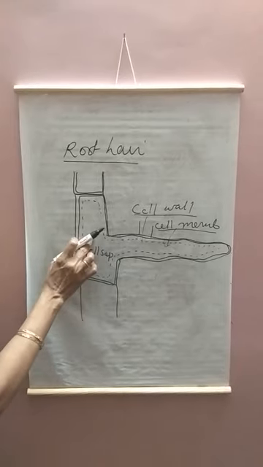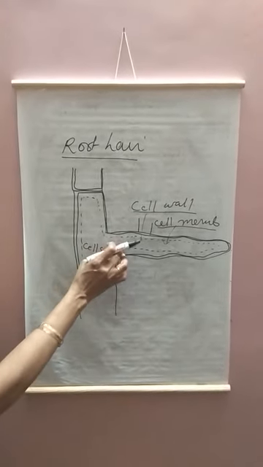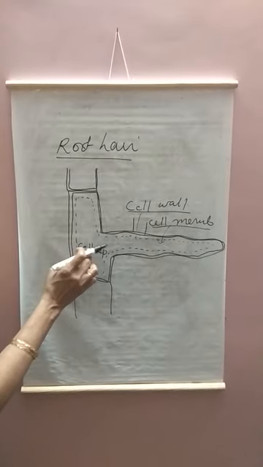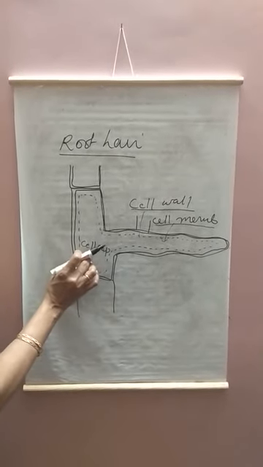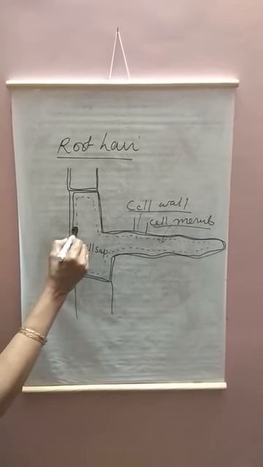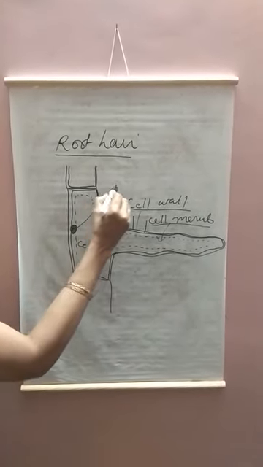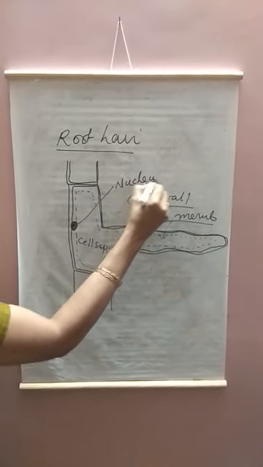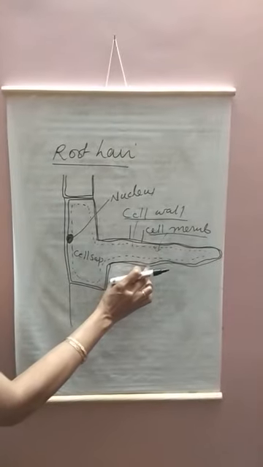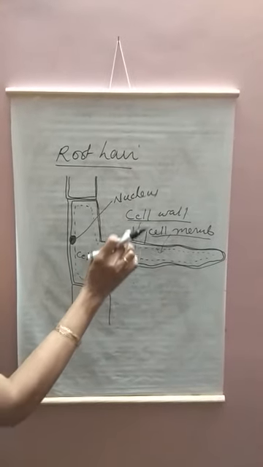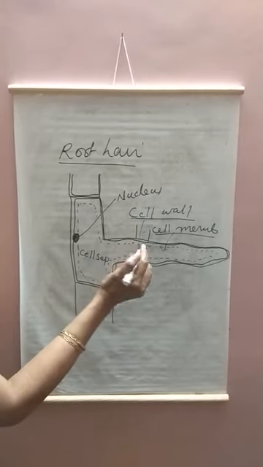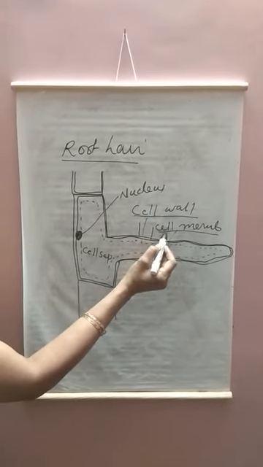The function of the vacuole is to give turgidity to the cell, and inside, the cell sap is a hypertonic, highly concentrated solution. Here in the cell a nucleus is also present. The nucleus is the controlling part of the cell. Like this, this is the root hair; it is unicellular and thin walled, and the outer two membranes are covering it, the cell wall and cell membrane.